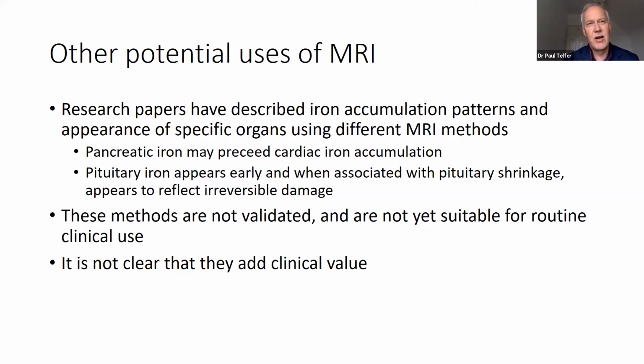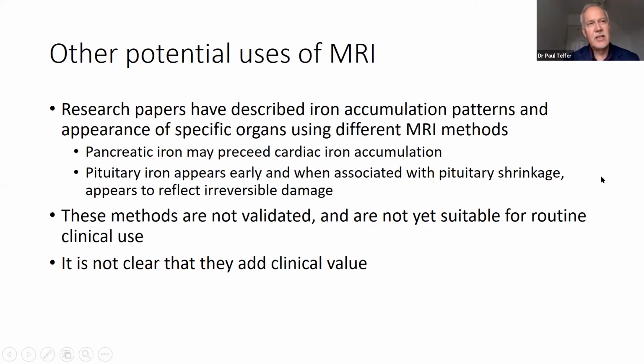And pituitary iron is related to pituitary failure and pituitary damage from iron overload. And it's also useful in scanning the pituitary because it seems that if the pituitary volume is significantly reduced, that seems to indicate irreversible pituitary damage as a result of iron overload.